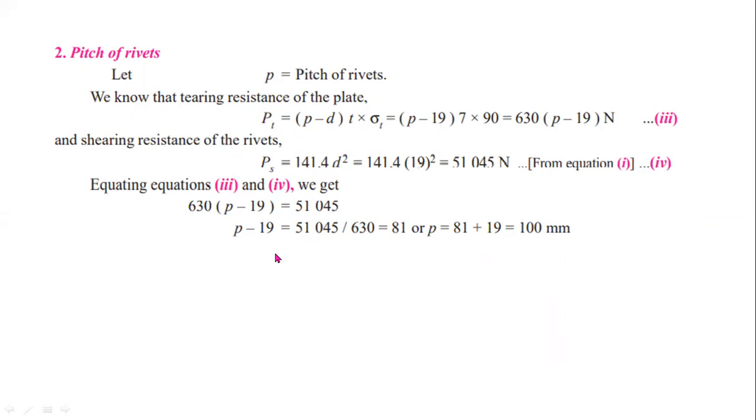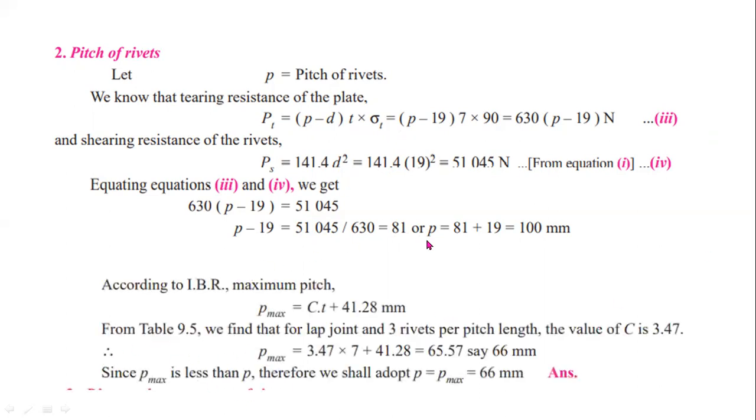P minus D into T into sigma T is equal to 141.4 into D square. From this equation, pitch of rivet P equals 100 mm. But according to Indian boiler regulations, the maximum pitch is C into T plus 41.28 mm.